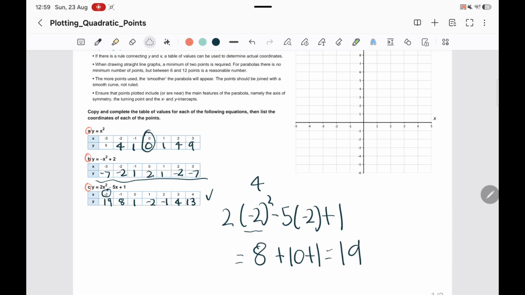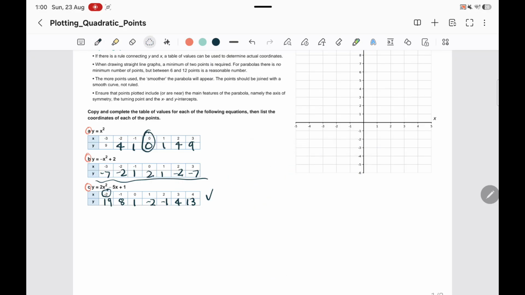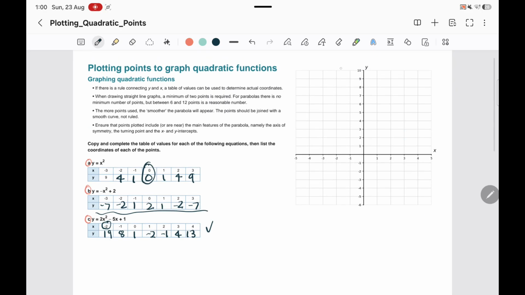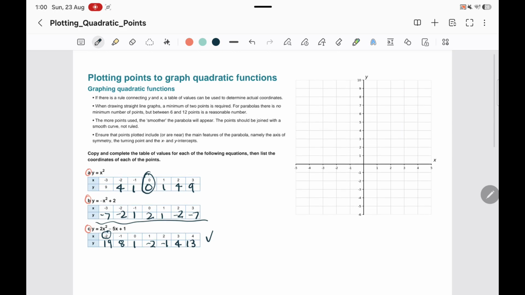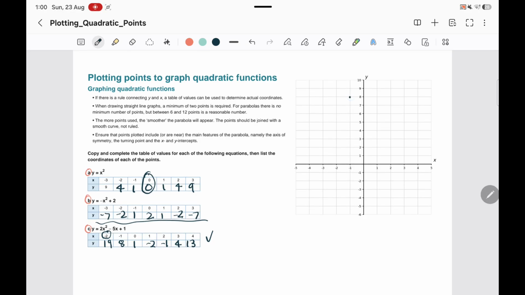So we are going to put those points in this Cartesian plane. -2 and 19, oh my gosh, it's way over here. So somewhere here, and then the next one is -1, 8. So it would look like this, I think. And then 0, 1.